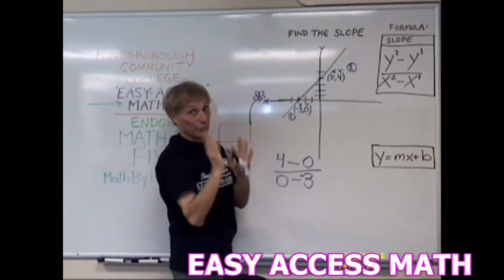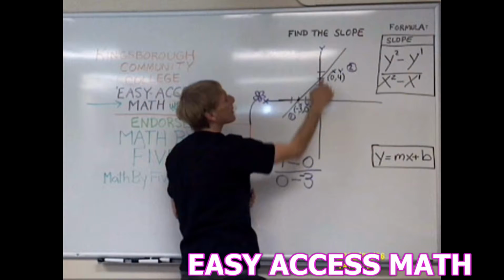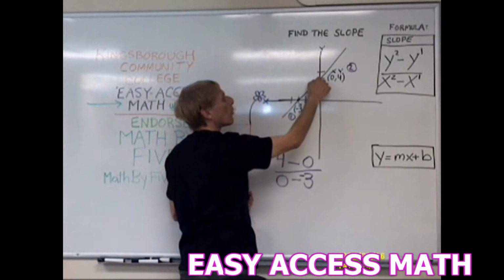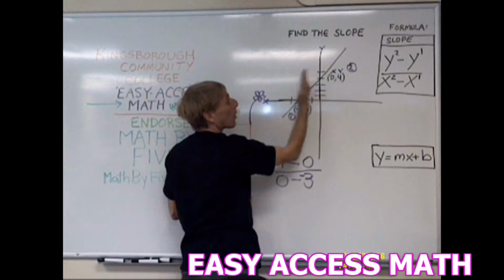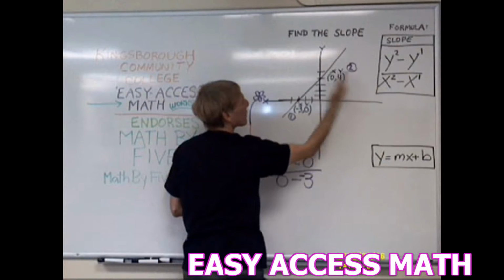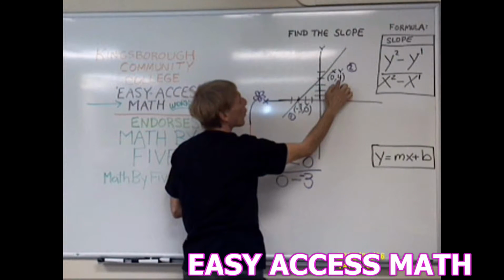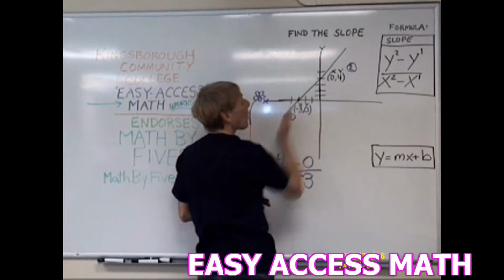My other point that crosses an axis is this one right here, and that one is going up 4 along the y-axis, so its y is 4, but it's not going left or right, so its x is 0. Remember, x is the left and right, staying right in the middle, so it's at 0. Y is going up 4. So there are my 2 points.